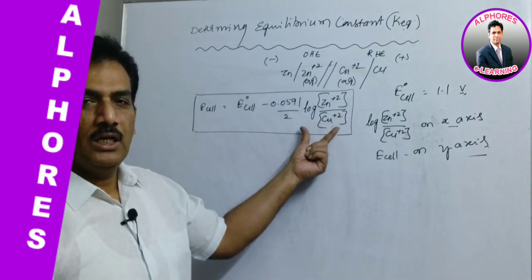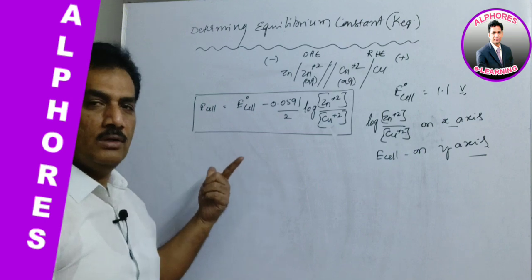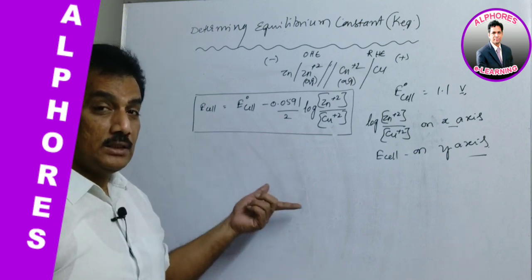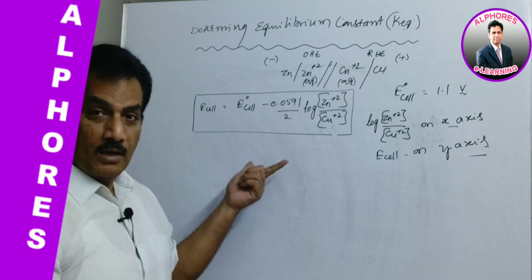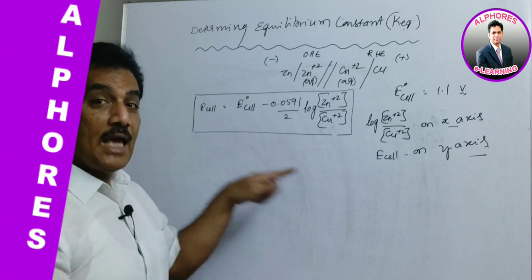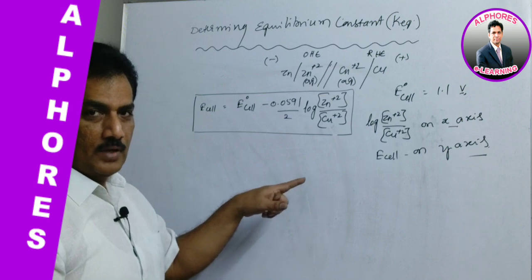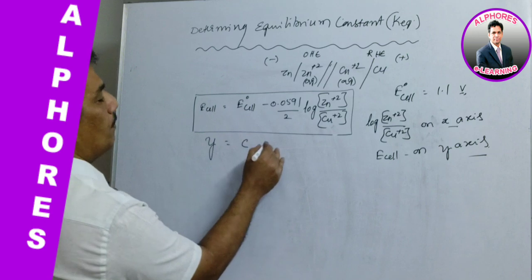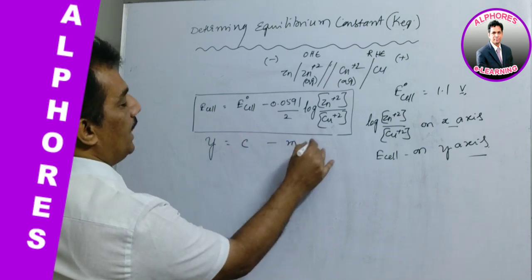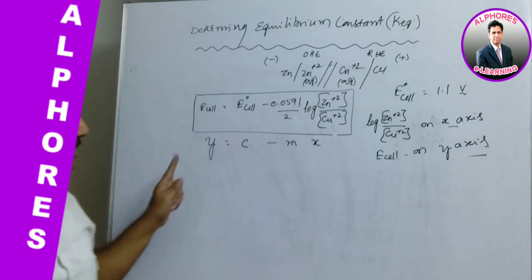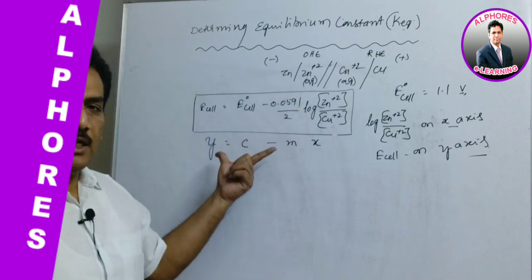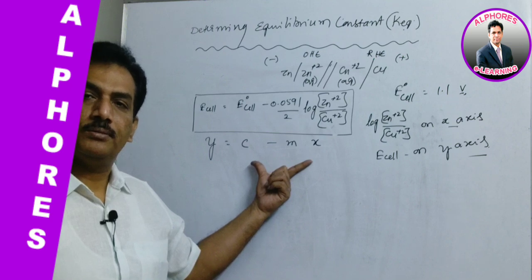And now you observe, it is similar to that of straight line equation. Y is equal to mx plus c. Y is equal to minus mx plus c. Again I am repeating how it is. Y is equal to c minus mx. We can write this as y is equal to minus mx plus c, but as per the arrangement we are considering this.